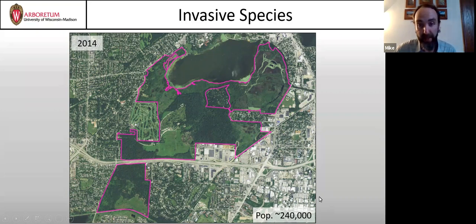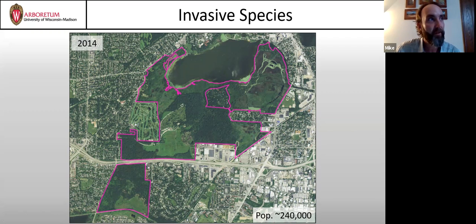So lots of people visit the Arboretum every year to serve as vectors, potentially bringing invasive species into the Arboretum when they visit. You'll notice there's a lot of perimeter, a lot of edge along our boundary. So that's all conducive to invasion by undesirable species.